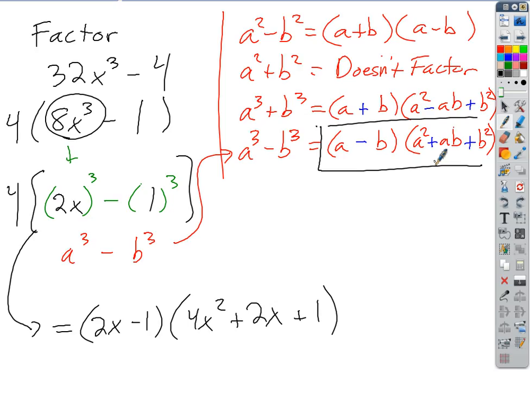That one's always going to be an irreducible quadratic. If you're solving a polynomial equation and you're setting this whole thing equal to 0, and you're going to set the individual factors equal to 0, this one right here will never give you any real zeros. It's only going to give you i's. Okay?